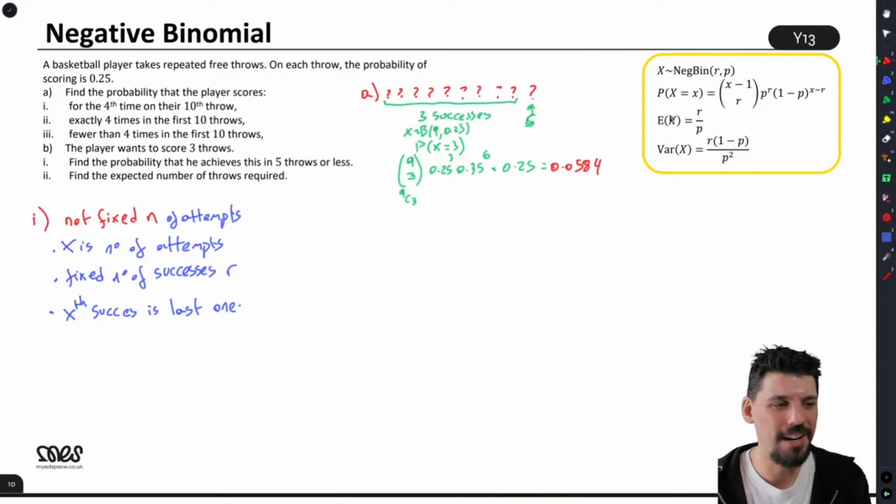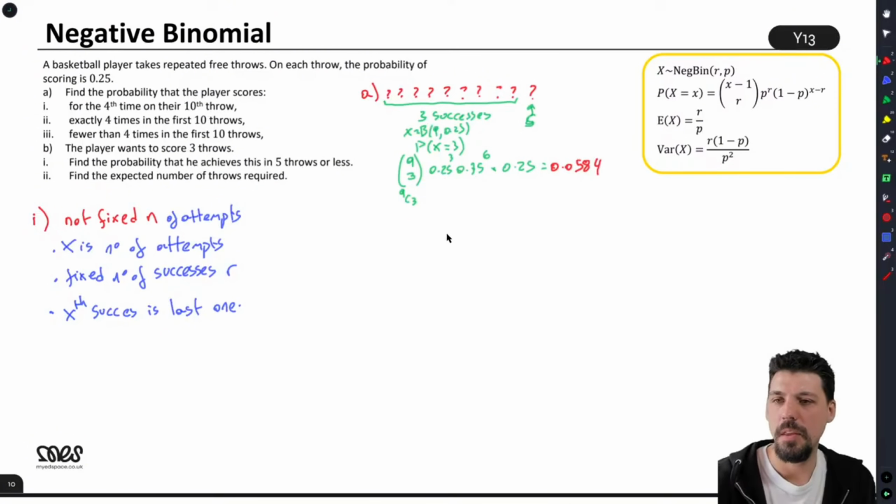Now, these two results here are quite interesting. Because what you can think of here is, if you want to stop on your fourth success, just think of it as how many goes until the first success, second success, third success, fourth success, right?